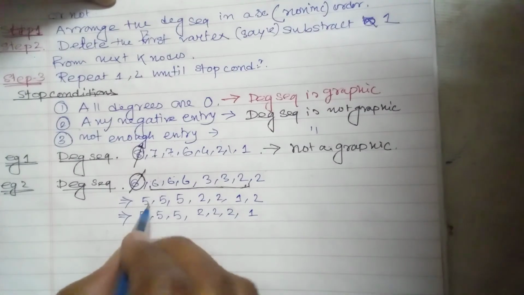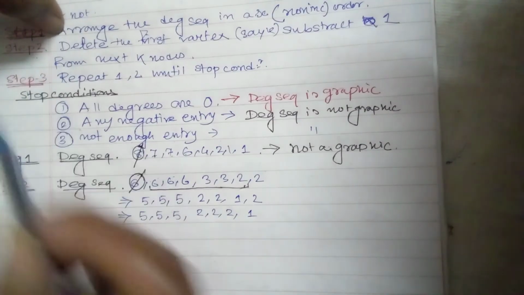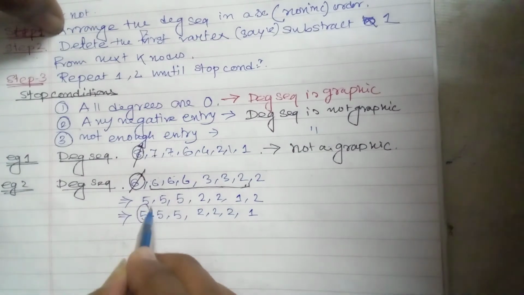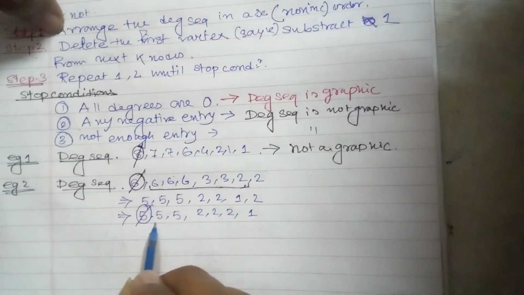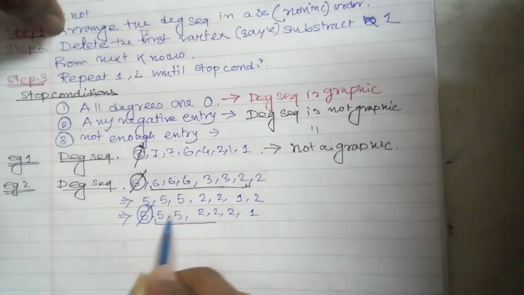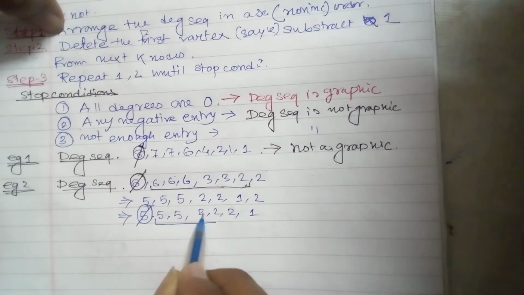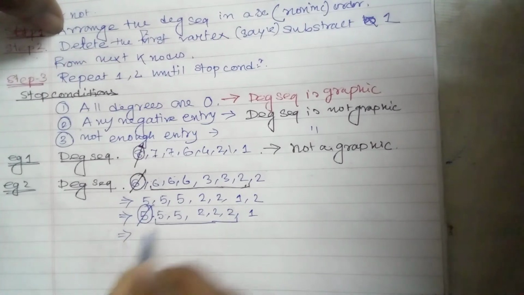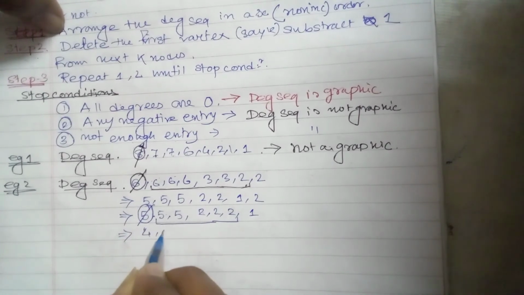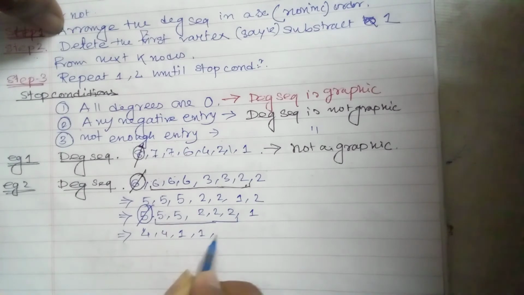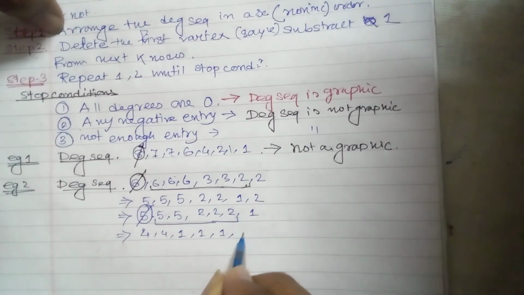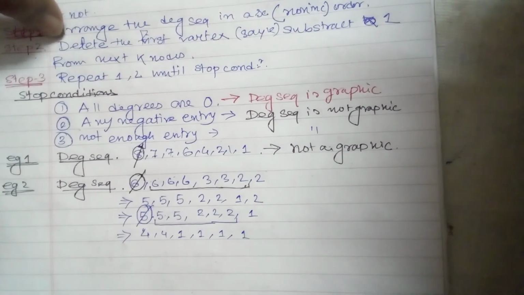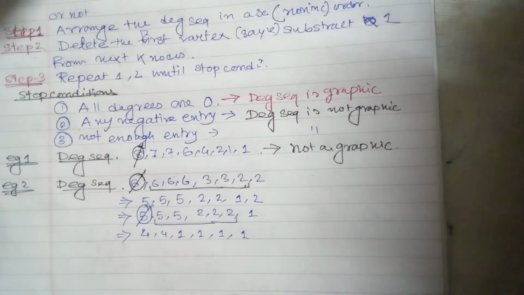Next, step 2, delete the first vertex. Then select the 5 entries, 1 2 3 4 5, and subtract 1. After subtracting 1, this will be 4 4 1 1 1 1. This also is not a stop condition, so I have to repeat once again.